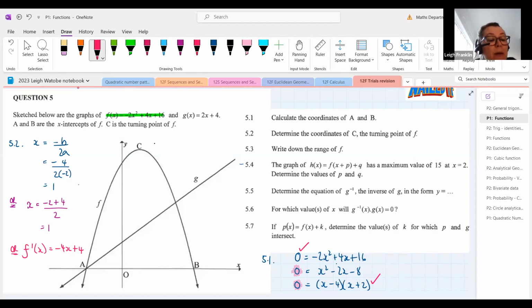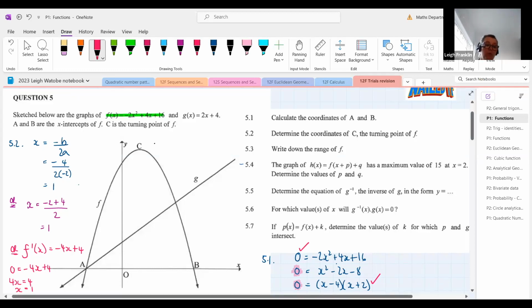So we're going to sub in 0 for f prime x. It's minus 4x plus 4. If I take that minus 4x over to the other side, it's 4x equals 4, and that's why x is also equal to 1. So remember, you've got 3 options at matric level for finding the x coordinate at the turning point. Any one of those is absolutely a-okay.